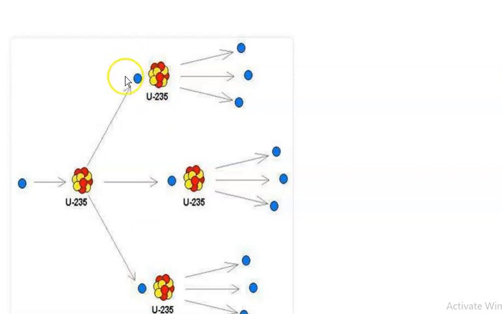Each again bombards uranium 235, thereby also releasing 3. Similarly the second also gives 3 and the third one also 3. You can see that previously it was 1, then 3, then 9. It means that the number of neutrons goes on increasing with further nuclear reactions. That's why we have to control this neutron production.